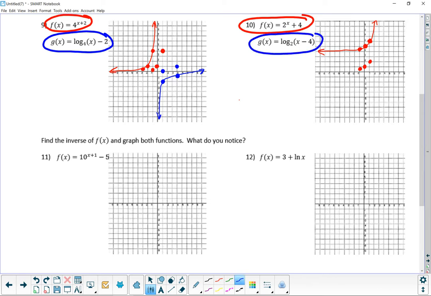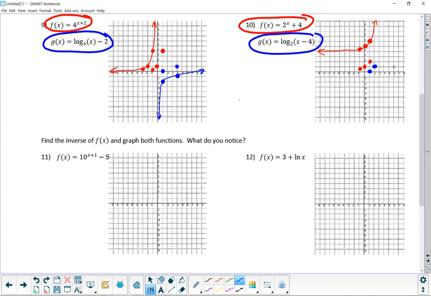Okay, the second function is the logarithmic function with log base 2 of x as the parent function. So I'm going to graph that. It's going to be at (1, 0) as the starting point, and then since this is log base 2, it's going to be at (2, 1). And this one actually has a minus 4 on the inside with the x, which means that we're going to do a translation of positive 4 to the right.